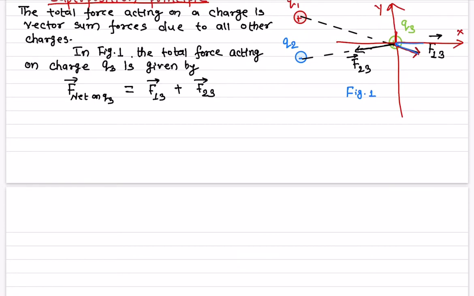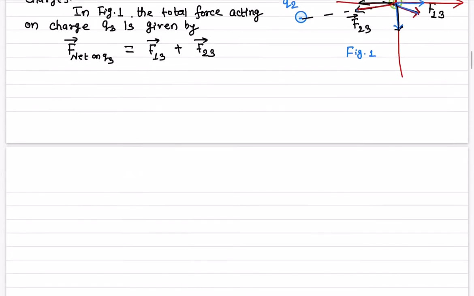You can resolve this force into one component that is the x component and another that is the y component. The same way you have to resolve this other force into two components, one along the x-axis and another along the y-axis. Let me redraw this one better here. You have one force acting along this way and another force acting along this way.